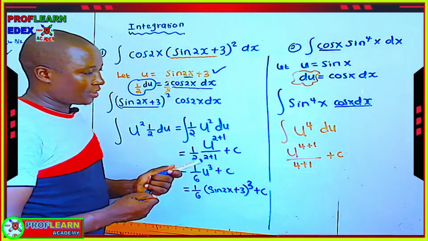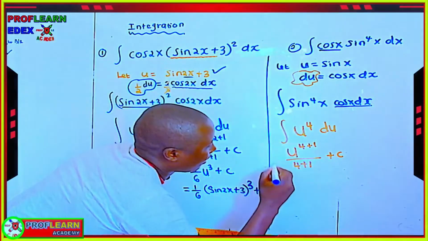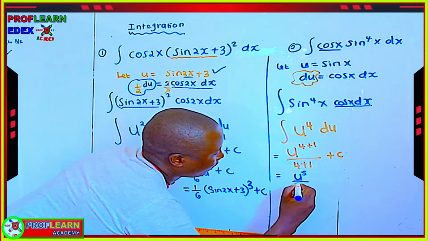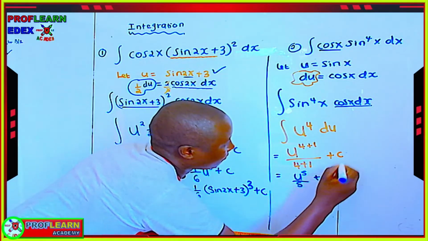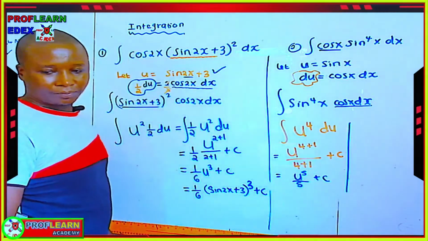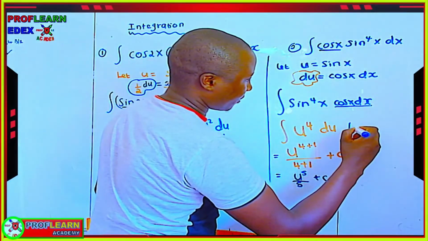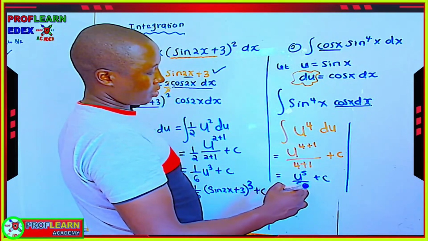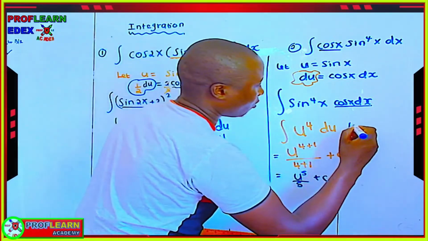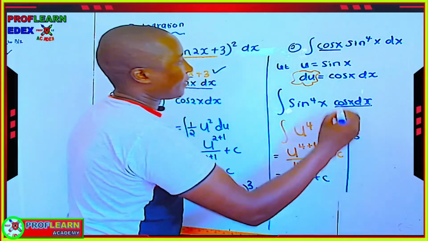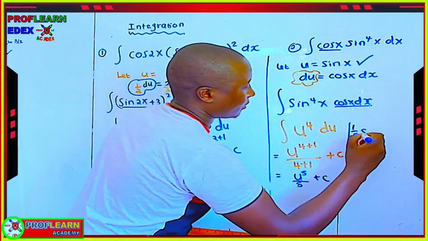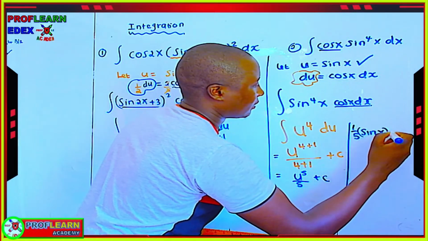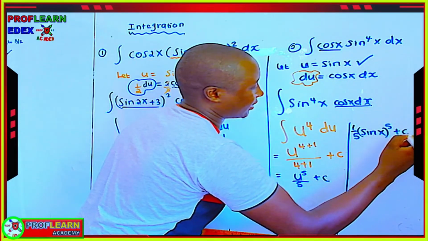So once we have this, our expression reduces to u power 5 over 5 plus c, which means that in terms of x, we are going to have 1 over 5 sine x power 5, then plus c.